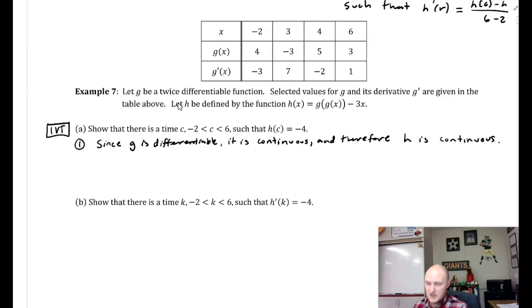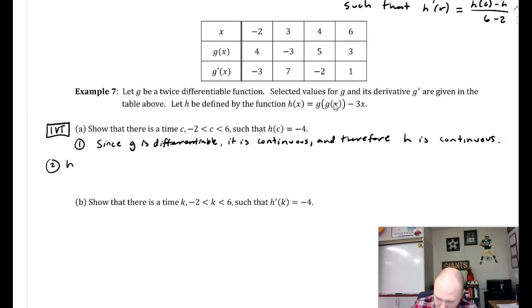Okay? And that's how it works. If I have a function that is composed of continuous functions, then that function is continuous as well. So there's our first condition. Really, that's the only new wrinkle. The rest of this is going to go just like the rest of our examples.